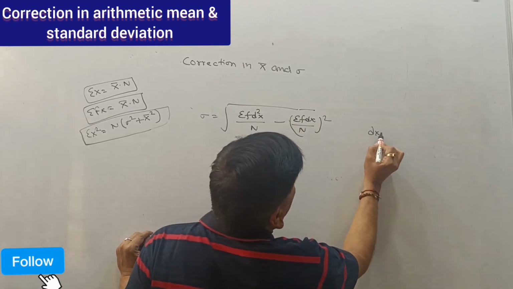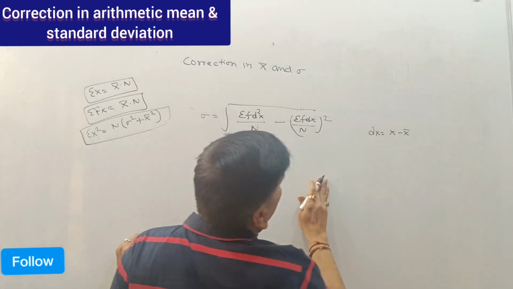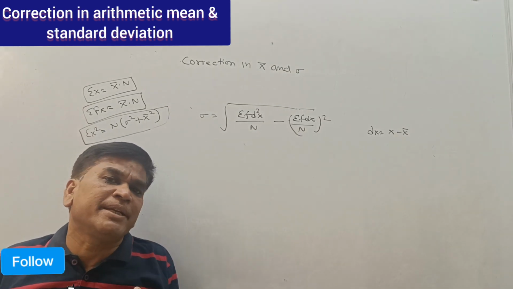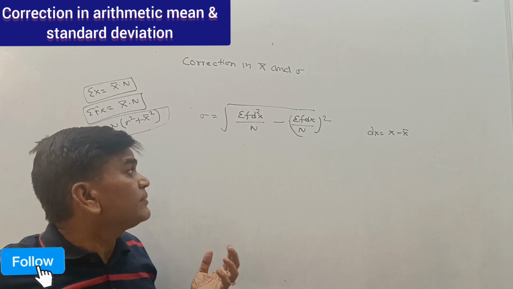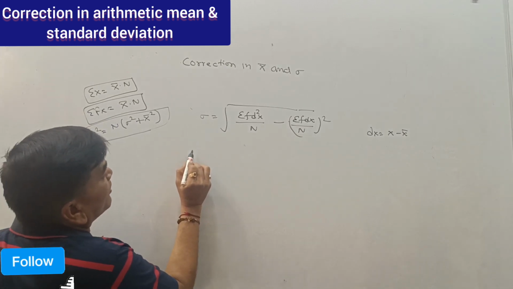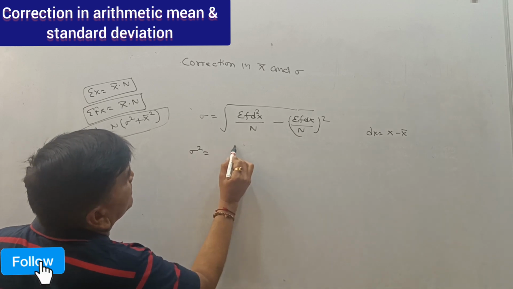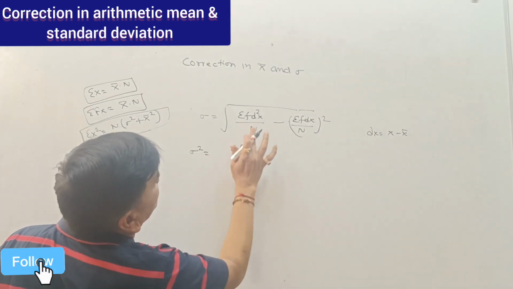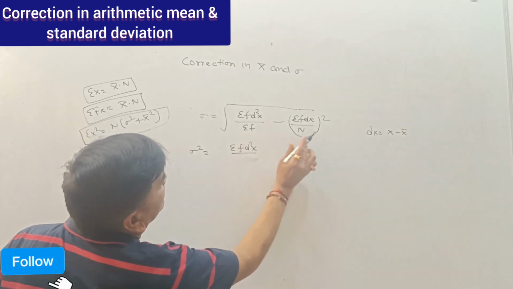Here dx is x minus x bar, because we are taking deviation from the direct method. I am not writing only d, I am writing d square x. So taking square on both sides, standard deviation square is equal to sigma f d square x upon n, or sigma f, we write sigma f.